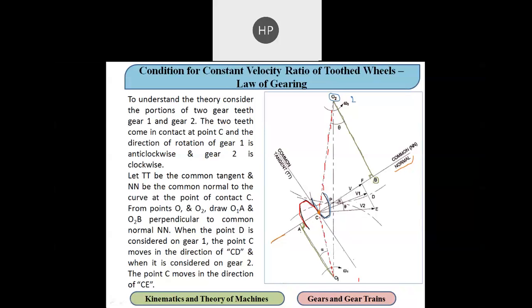First point is A, this is the common point C, and this is point B. This we have to remember.